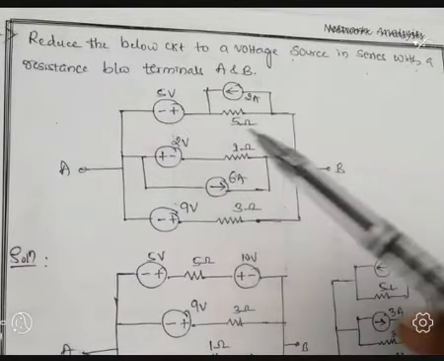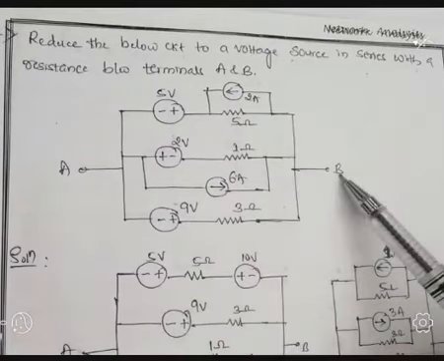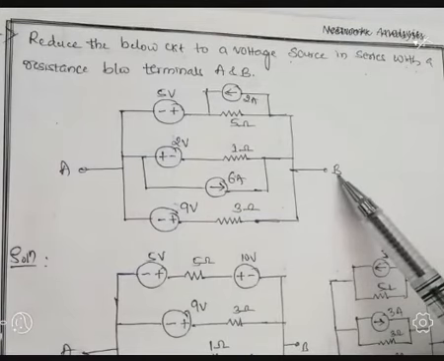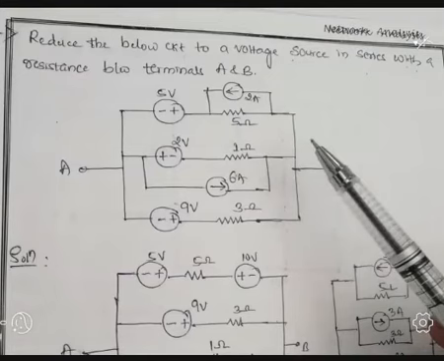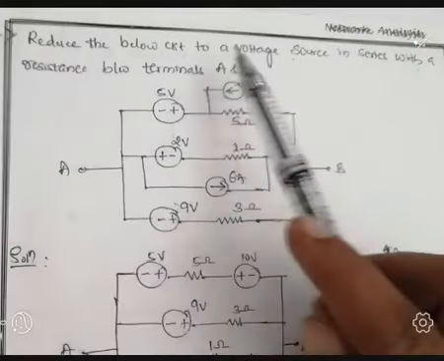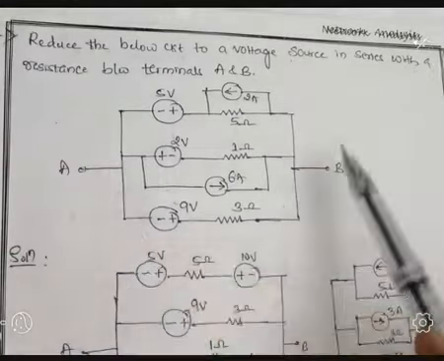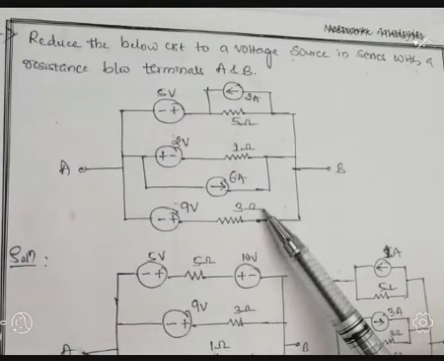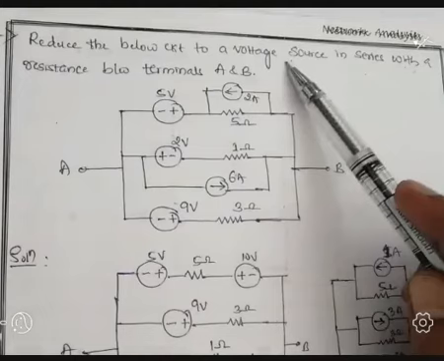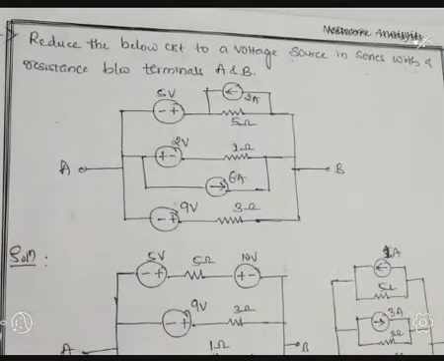In total, 5 energy sources are there and some other branches, but we have to reduce the network so that finally between terminals A and B, we get only one voltage source in series with resistance. We have to reduce this network with the help of the source transformation technique.